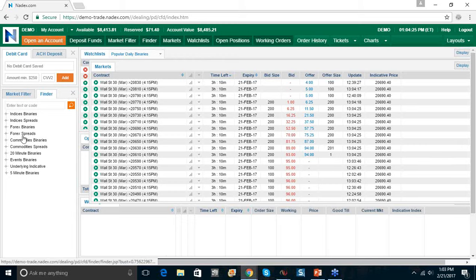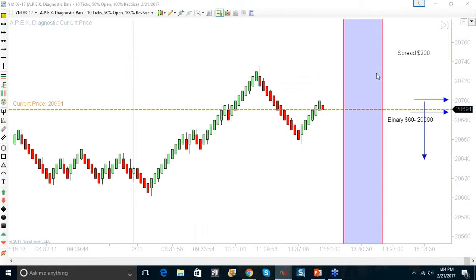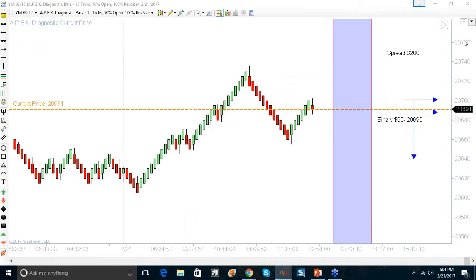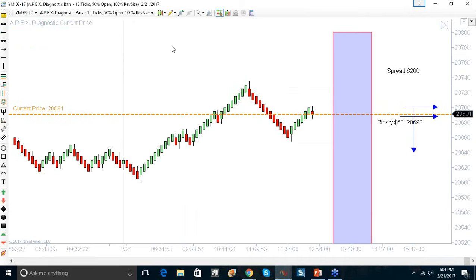Remember when I showed you this earlier? Let's see here. Okay, one other quick thing. Let's say that I'm right. I bought, the market goes up. I bought the binary for 60 bucks. The market does go up. It expires above my strike price.